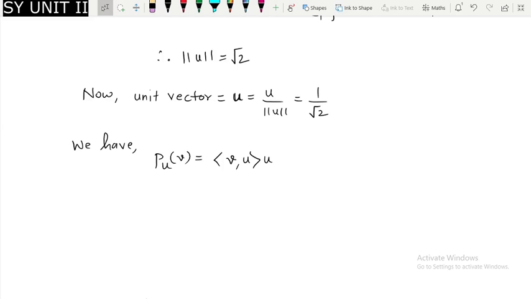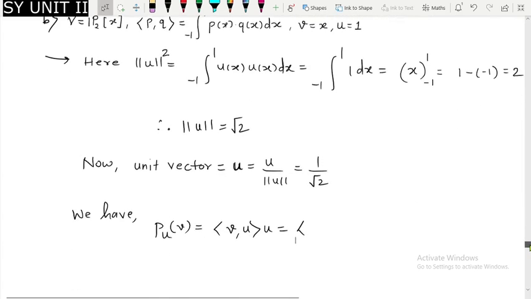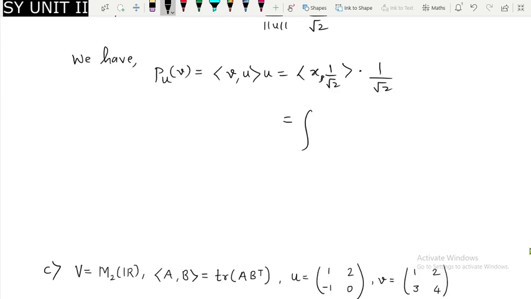My value of u is 1, value of v is x, so the inner product of x comma 1, and outside it is going to be 1 upon root 2 again, and over here also 1 upon root 2, because we are supposed to use that new value of u. This will be equal to the integration from minus 1 to 1 of x multiplied by 1 upon root 2 dx, and again it is multiplied by that 1 upon root 2.